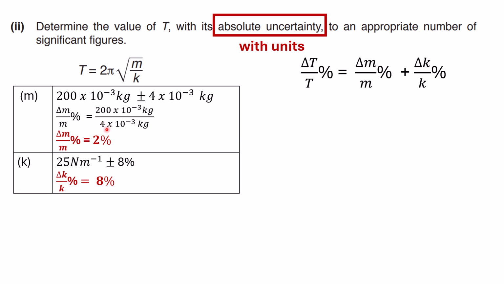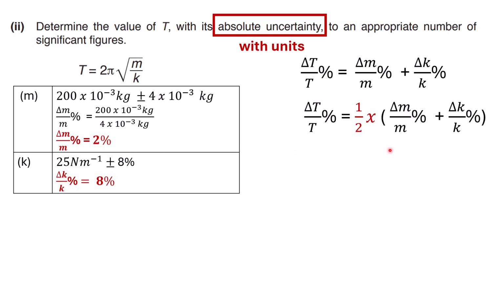Now to calculate the percentage uncertainty of the mass, all that we need to do is divide the uncertainty by the value, and then multiply by 100, so we have the percentage, which is 2.